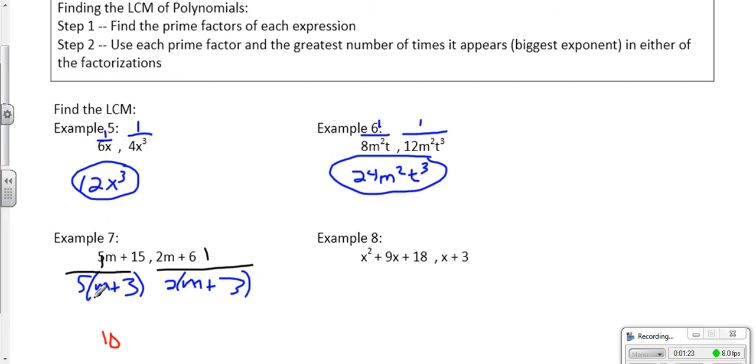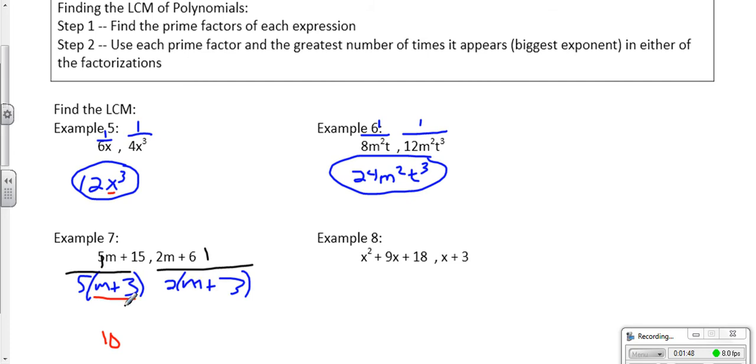And now the m plus 3 is considered one thing. Just like we had x, or x cubed, m squared, t cubed, that's one thing. Well, because of the parentheses, this is considered one thing. It's a binomial. So that's its own piece. We can't just look at it separately and say, oh, it has an m, it has a 3. It is m plus 3. Notice that they both have m plus 3.